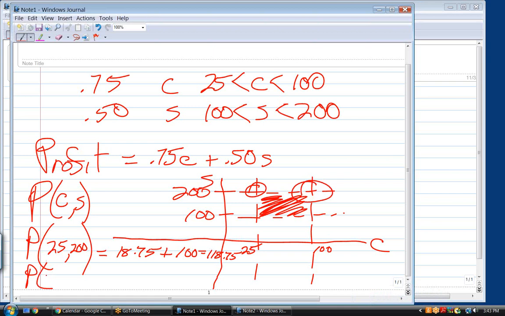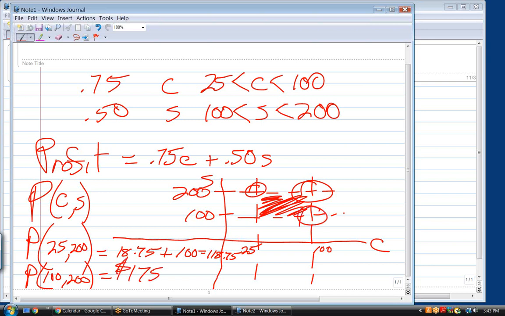That is P of 100 comma 200. What's that equal to? Clearly more, right? Well, 75 plus 100, so that's 175. So that's our winning answer so far.